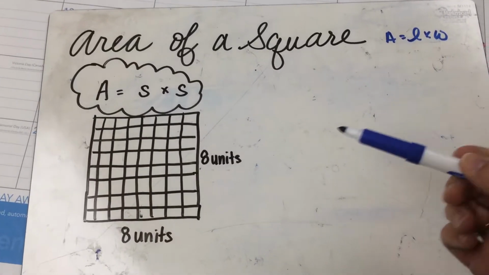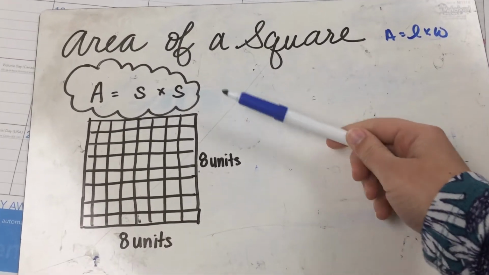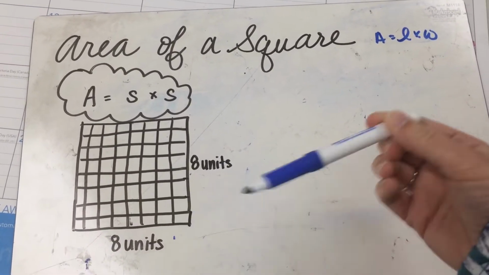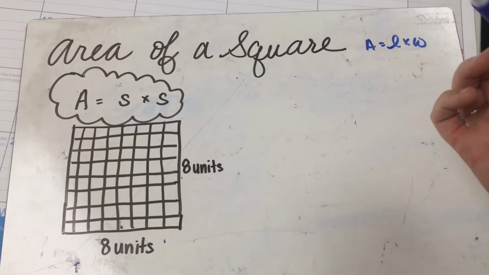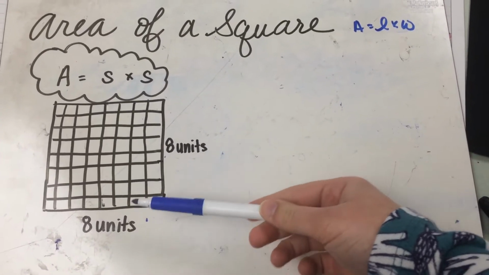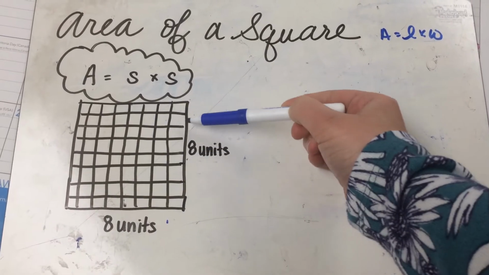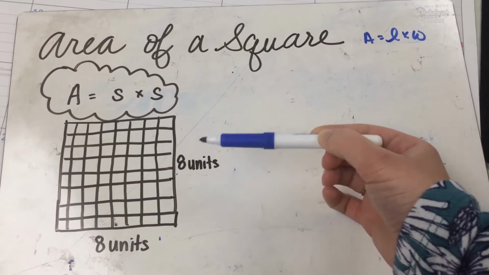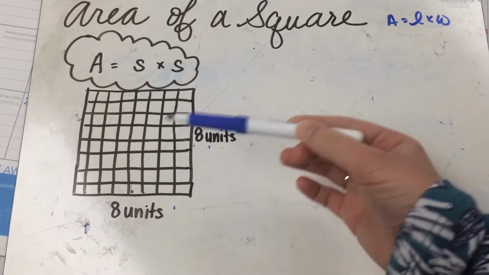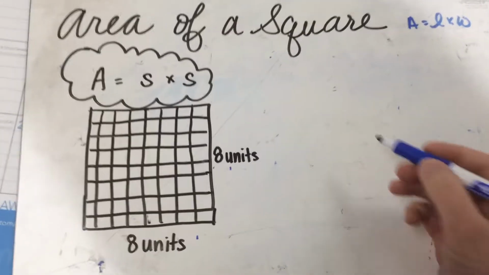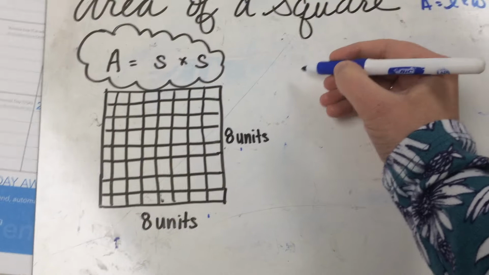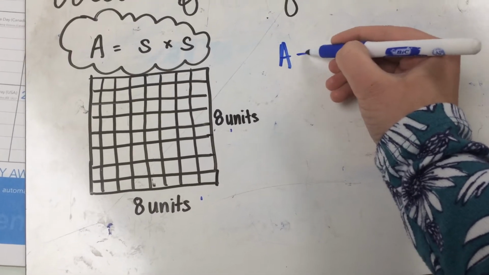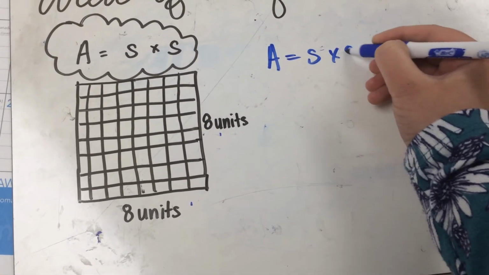So the area of a square can be found with this formula by multiplying one side times another side, or the same number, because remember, a square is the same length here and the same length here. So the sides are all equal. So really we're just going to do 8 times 8. My formula is area equals side times side.